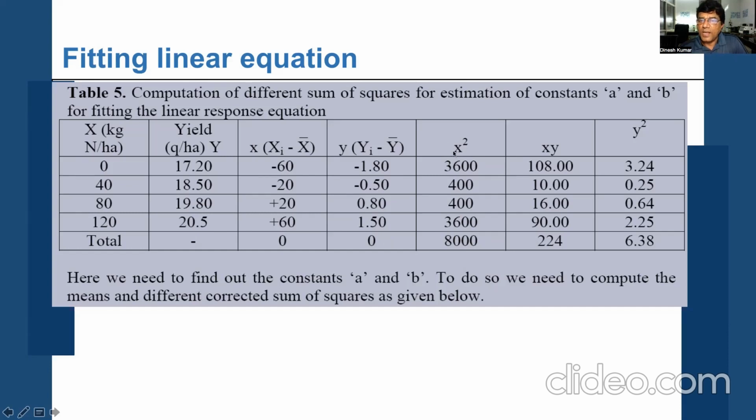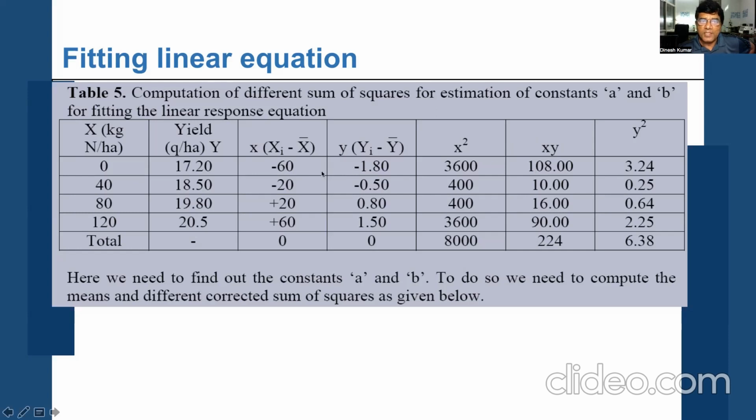This will be your summation x square, summation small x square. That is your corrected sum of squares for the independent variable x. Then the corrected sum of cross products. You have small x here, the deviation, and small y here, the deviation. So multiply these two columns to get xy.